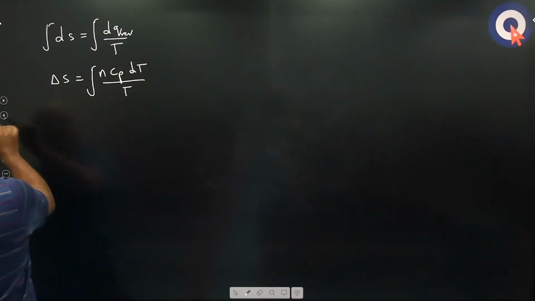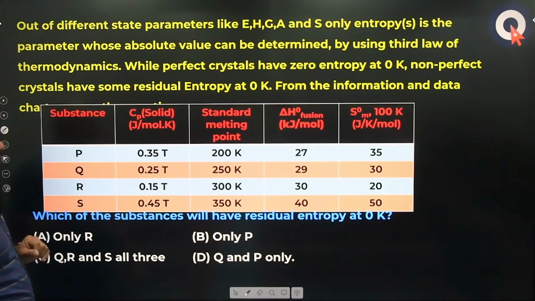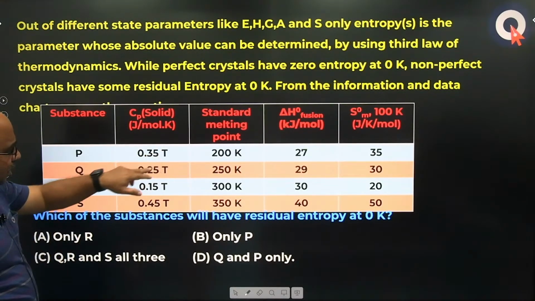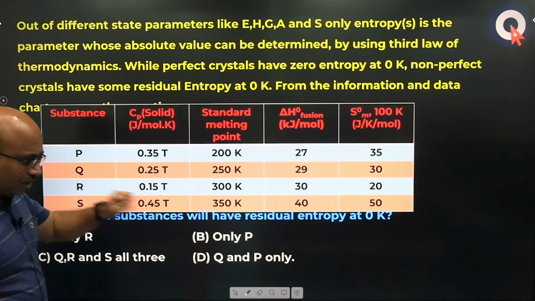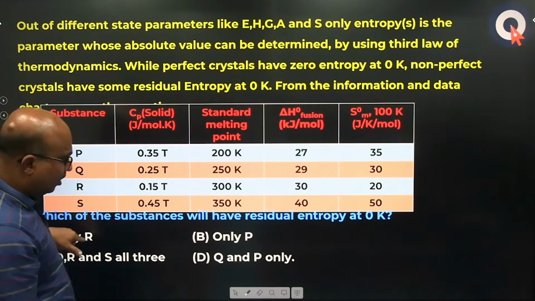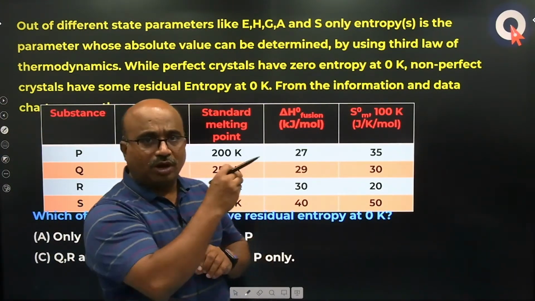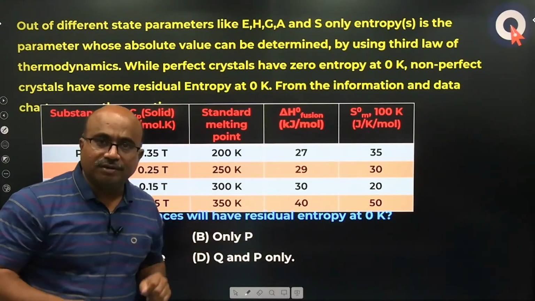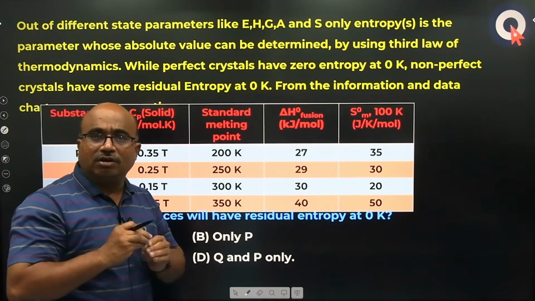But as you see, the Cp values of the compounds are given as 0.35 into T, 0.25 into T, 0.15 into T, 0.45 into T. He is asking for which type of solid, P, Q, R, S, residual entropy may be there at 0 Kelvin. So let us determine the entropy change between 0 and 100.